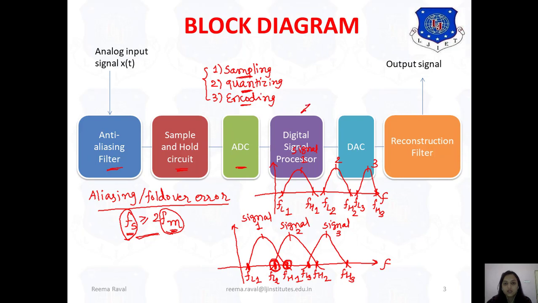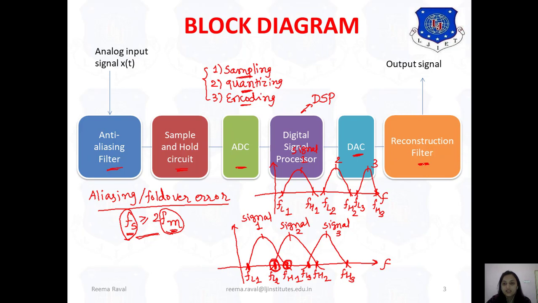Then the next main block is the digital signal processor block, that is DSP block, where the processing on the digital signal is performed. Then this processed signal, according to requirement, is given to the DAC block, which is digital to analog converter, which will convert the digitally processed signal into analog form.